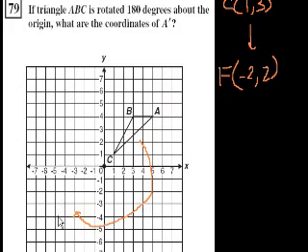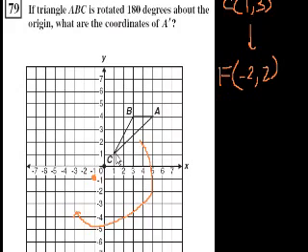So let's think about it a little bit. When we've rotated the C, this is going to be the new C, right there. I just want to make sure I'm doing this right. This is almost like a visualization problem.